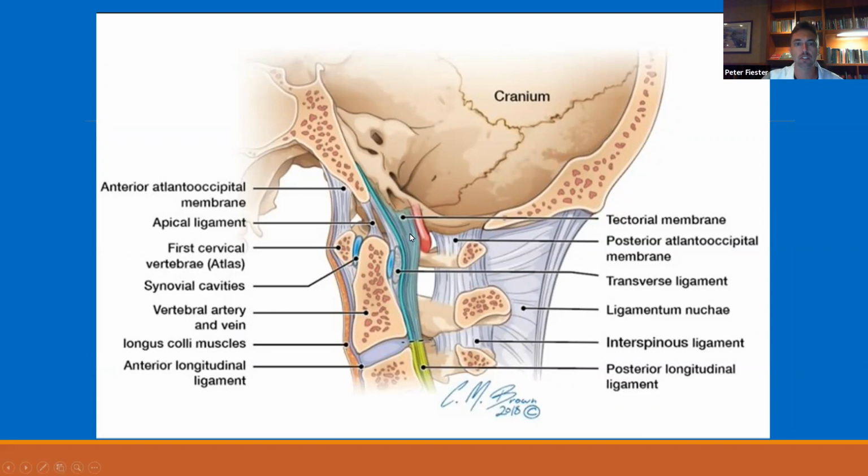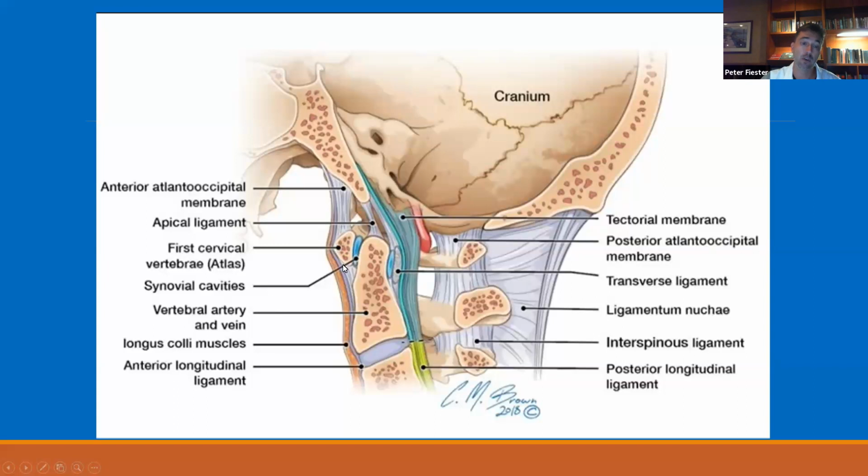For simplicity's sake, if you just start anterior and work your way posterior, this is of course a midline sagittal illustration. The first ligament you have is the anterior membrane complex, which is actually 2 named ligaments. There's the atlanto-occipital membrane, which runs from the clivus to the anterior tubercle of C1.